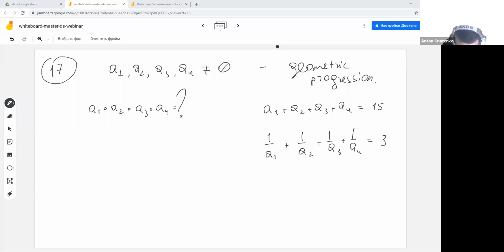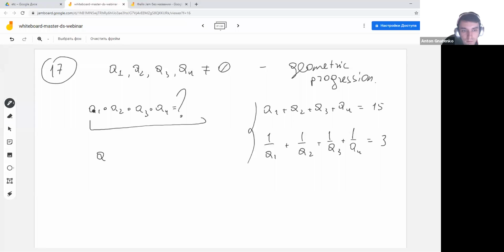So yeah, we have these 2 equations, and we need to find the value of this product. Okay. What is geometric progression in the first place?